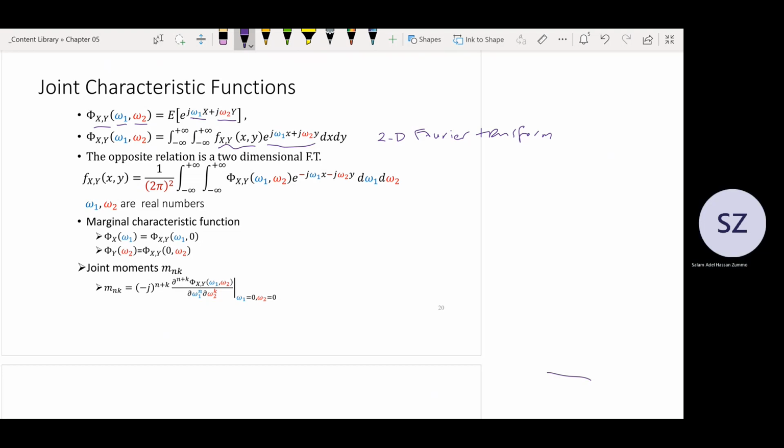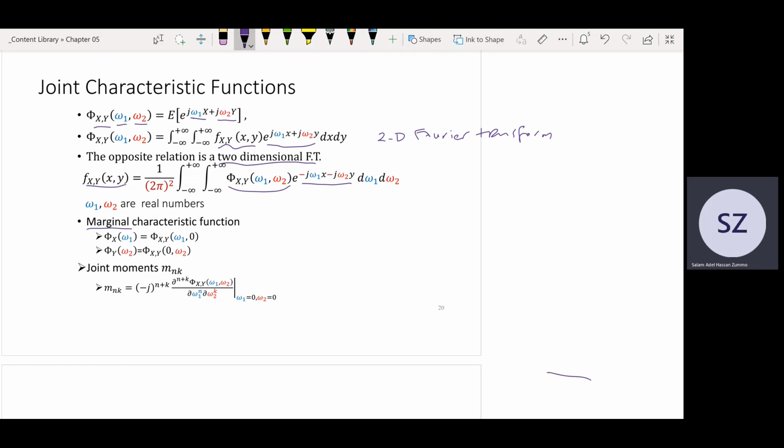And the opposite of that operation is the two-dimensional inverse Fourier transform, which will be the characteristic function with e to the minus j. Here it is e to the j, here e to the minus j. Here we integrate with respect to x, y, and here with respect to omega 1, omega 2.